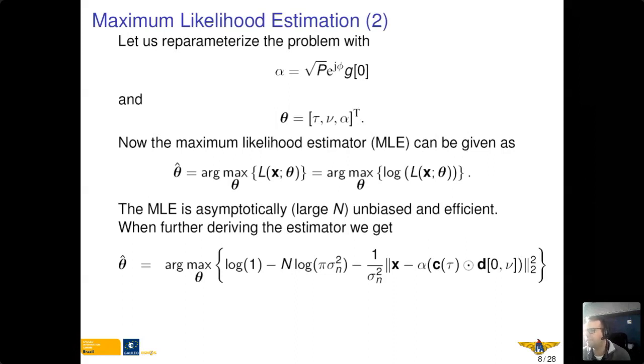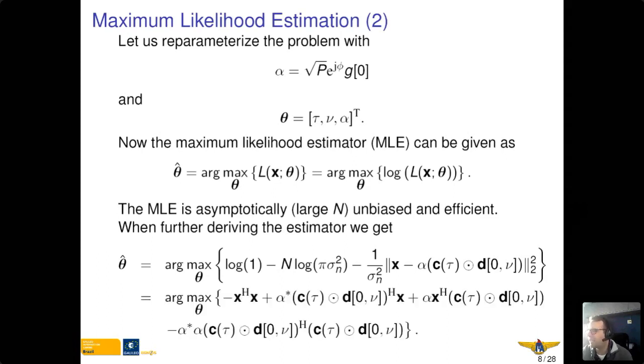We can plug that into our optimization problem, and we see immediately again that the first two terms, so log 1 minus n log pi phi 6 sigma n squared, are not dependent on the parameters that we define, so we can drop them for the maximization. So we only have to consider the third term.